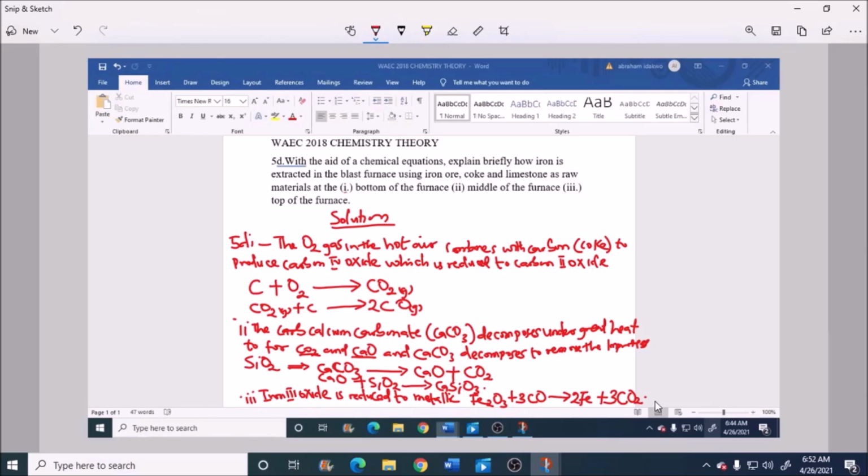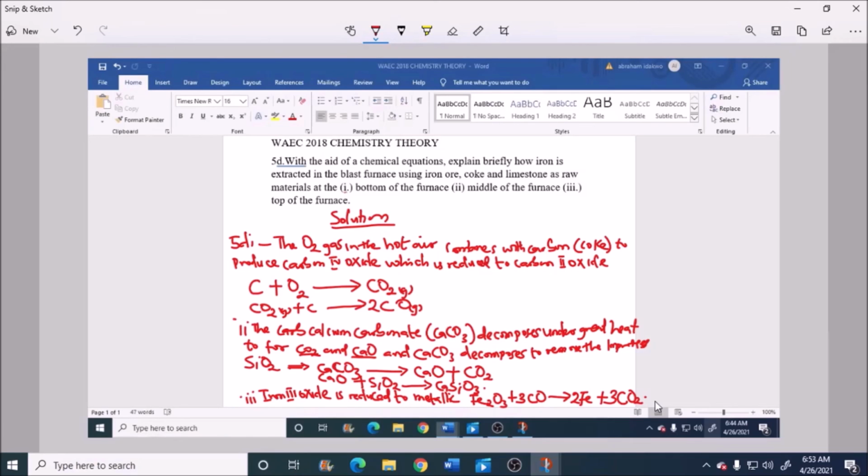Then for the first one, we have carbon reacts with oxygen to give carbon 4 oxide. Then our carbon 4 oxide is later reduced to carbon 2 oxide, as we have it in the equation. We have CO2 plus C giving 2CO in gaseous state. Then at the middle of the furnace, we have the calcium carbonate, that is CaCO3, decomposes under great heat to form carbon 4 oxide and calcium oxide.